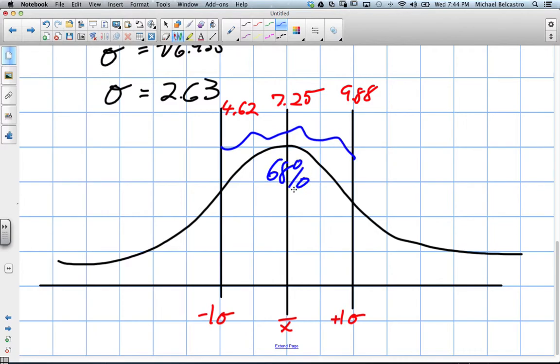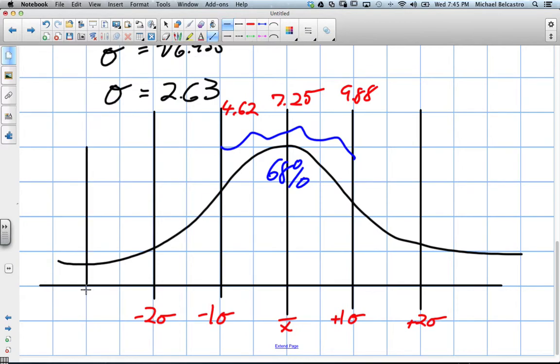According to this, if it's right, 68% of all the numbers we found should fall in there. That's how normally distributed information tends to work. And so we're going to test to see if we're close to that. Let's go another standard deviation up and another one down, and then we'll do a third one. So give me a new value. 12.51.